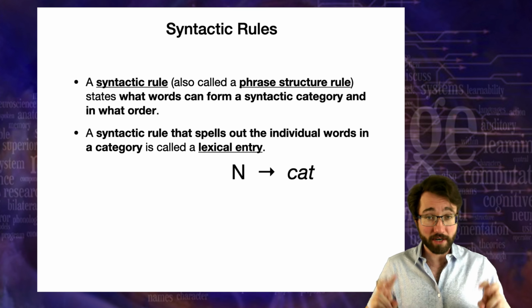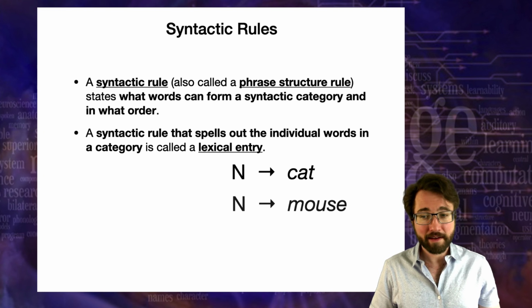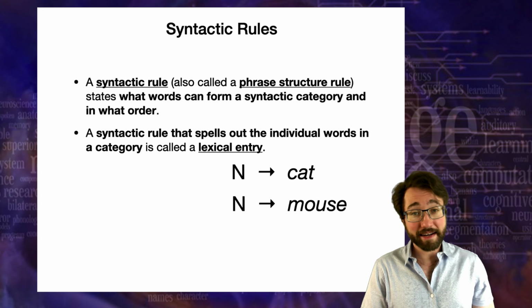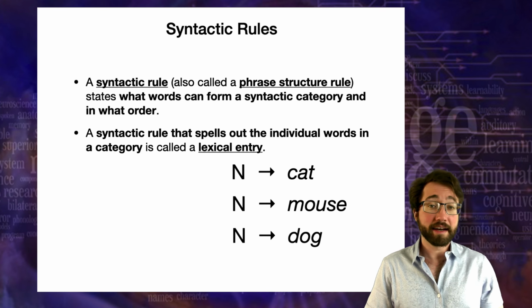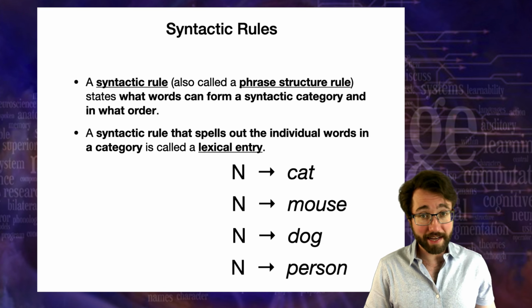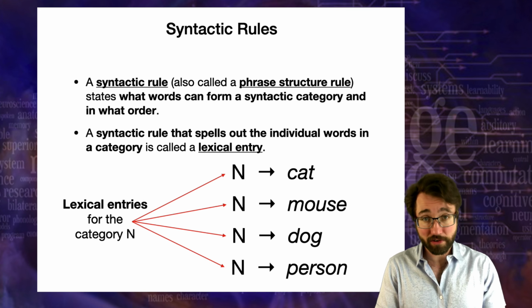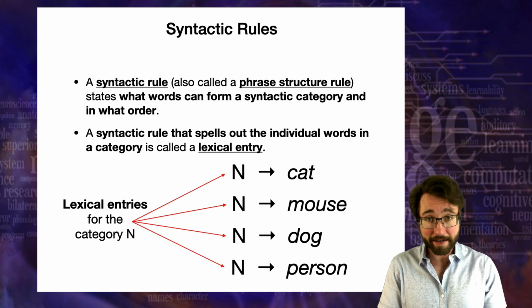This tells us that the word cat is a member of this particular syntactic category. We can also say the category n can consist of the word mouse. The category n can consist of the word dog, and so on. The category n for noun can consist of the word person. These are all what we call lexical entries for the category n.